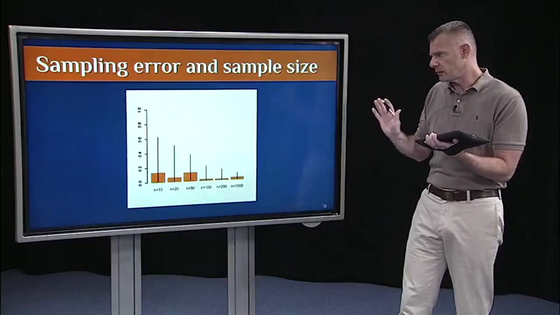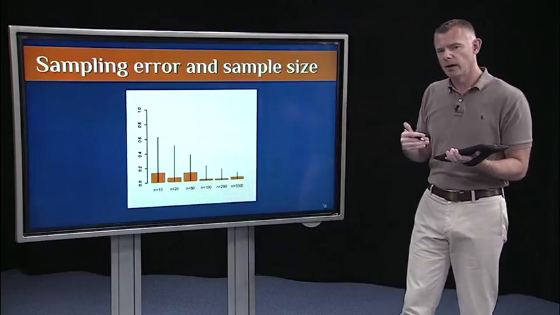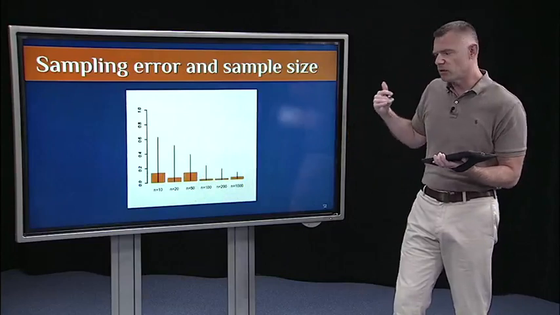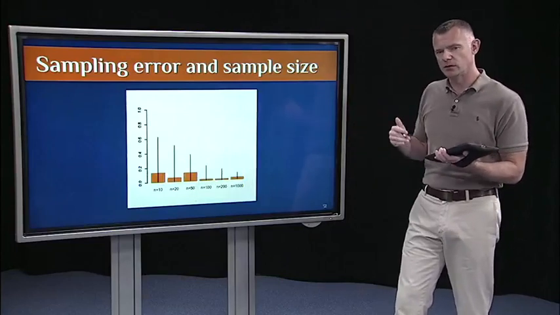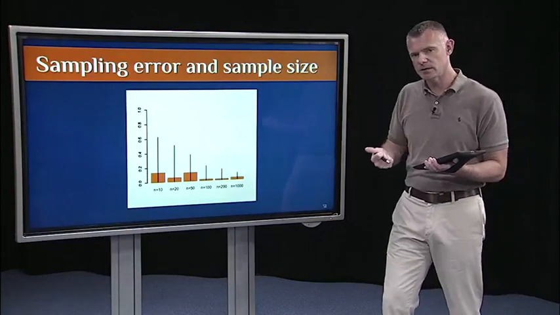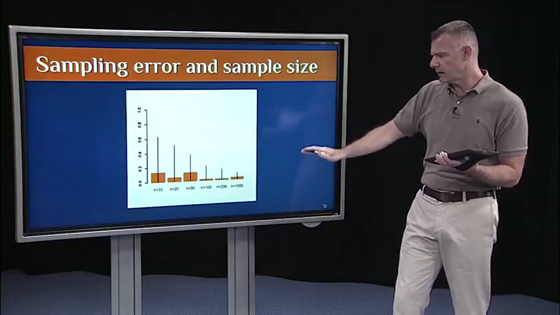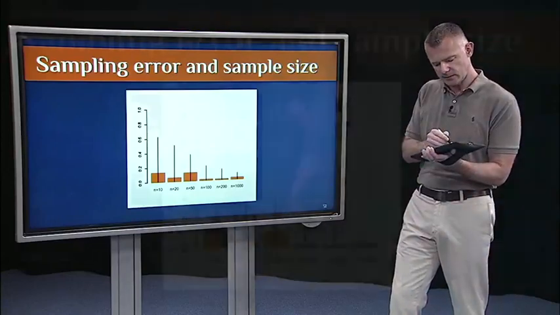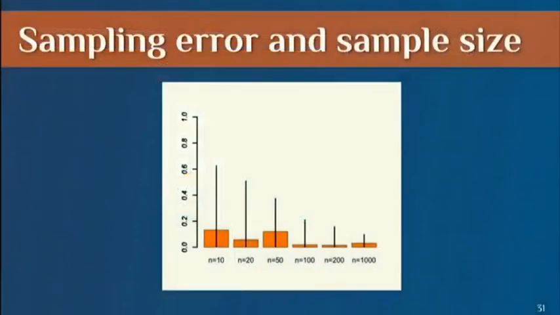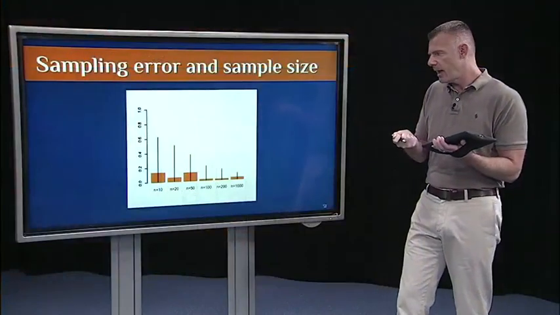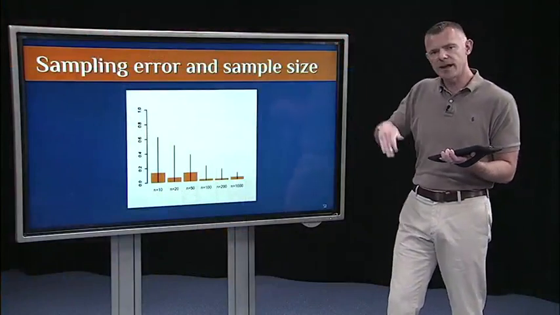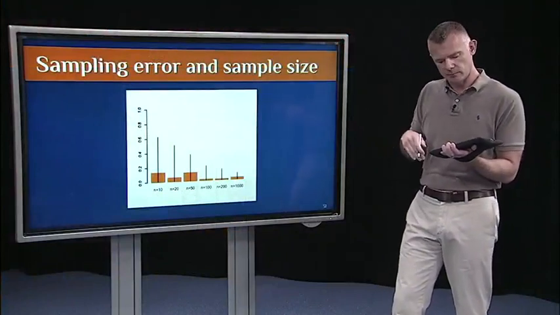Another way to look at this, and just to drive home this point, that sample size really drives and determines sampling error and influences the t-value and the p-value, is here, again, we've taken 6 different sample sizes, again, same sizes, 10, 20, 50, 100, 200, and 1,000. And we standardized each of these samples so that they would have a mean of 0. And then we just looked at the standard error associated with that mean.